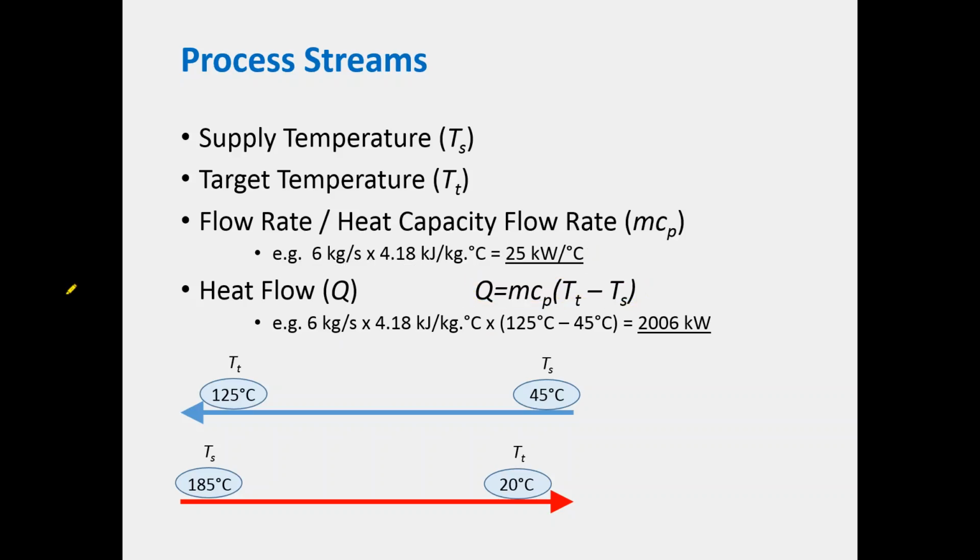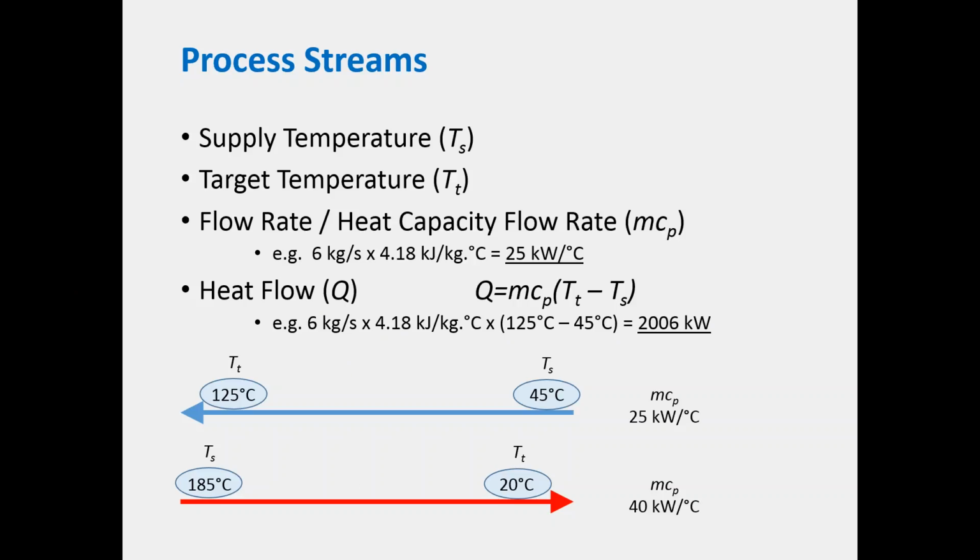So if we go back to our example where we had 6 kilograms per second, we multiply that by the heat capacity, 4.18, and we multiply it by the difference between our target temperature and our supply temperature. This example is for the first stream there, and so we need to supply a total of 2006 kilowatts in order to change that temperature from 45 to 125 degrees.